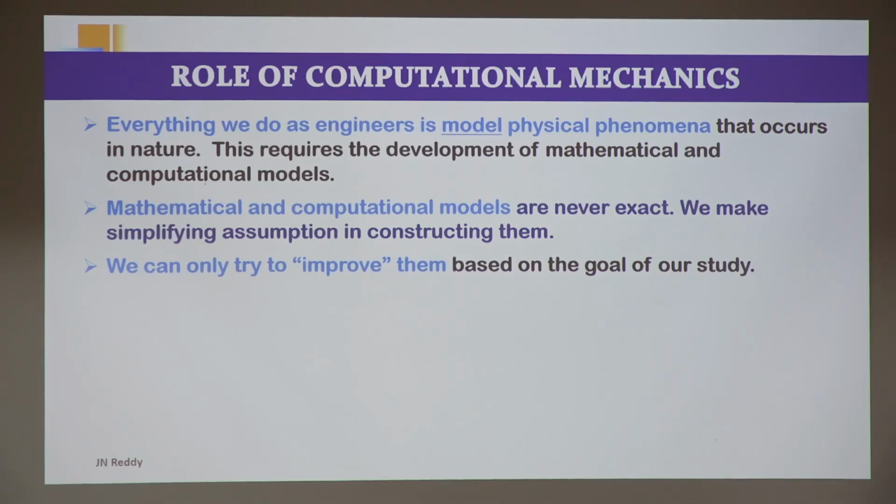So whether you realize it or not, there are a lot of assumptions we make about the material behavior, for example, even geometries, the stimuli that is put on the system, right? And then the second level is when you take the mathematical model to a computational model, discretization, you introduce additional errors.